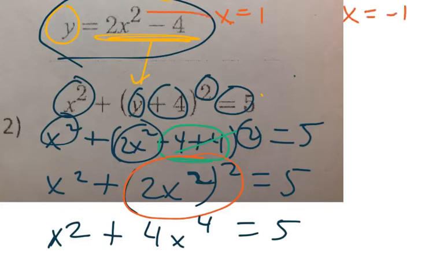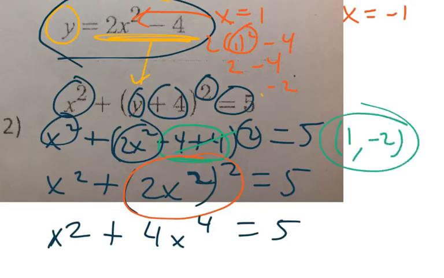So if I plug this in there, I will get 2 times 1 squared minus 4. 1 squared, 1 times 2 is 2, minus 4 is negative 2. So I now know that x equals 1 gives me y equals negative 2. That's one possible solution. Now let's take this negative 1 and do the same thing.